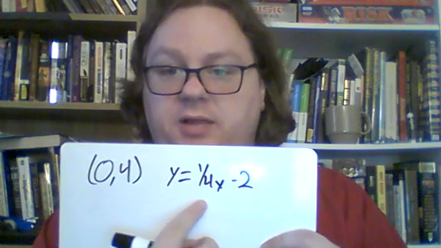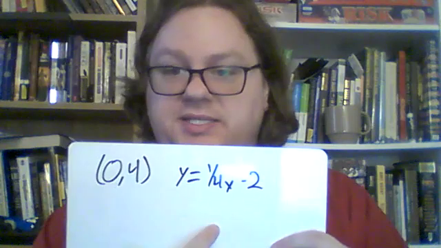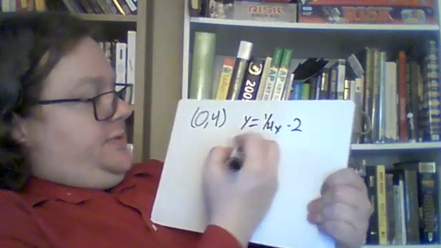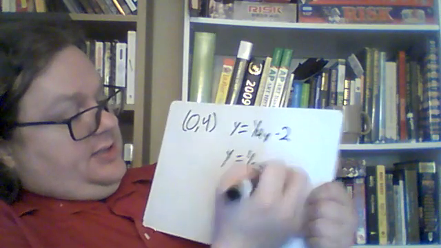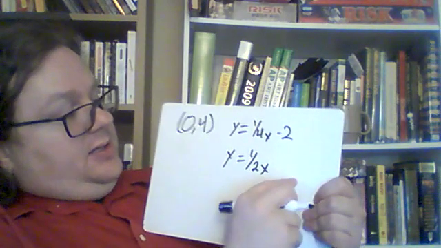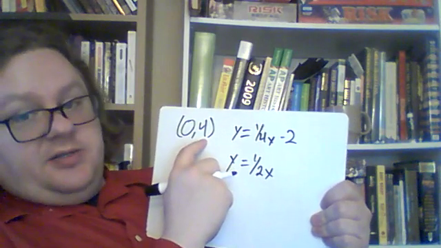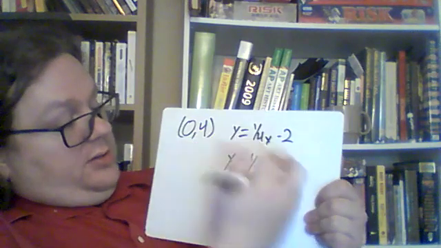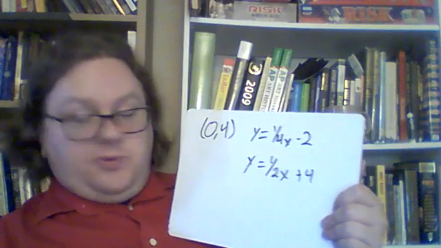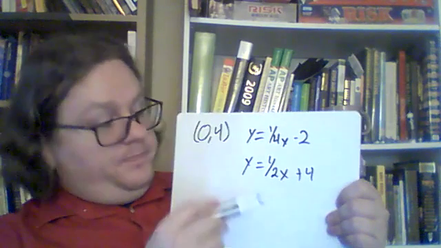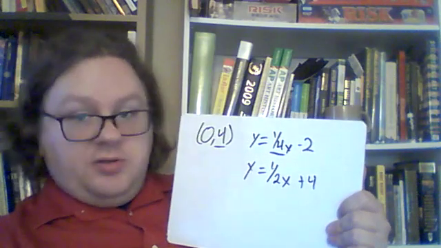So if it's parallel, that means we're going to take that slope right there, and just steal it. So we're going to go y equals 1/4 x, and now we need the b, and they gave it to us because this has a 0. We know that the y-intercept is 4. So we're going to just put plus 4. That's y equals 1/4 x plus 4, because they gave us the 4 and they gave us the slope.